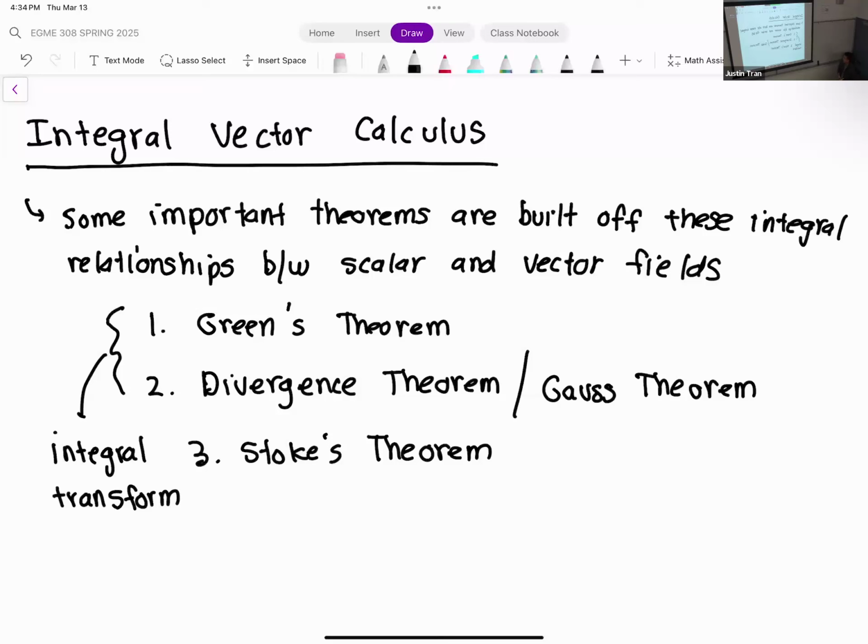The reason these theorems are really important is because a lot of theory in applied math and science is formulated in terms of integrals. In particular, where you're going to see these integrals a lot is in the application of conservation laws within applied math, science, and engineering.